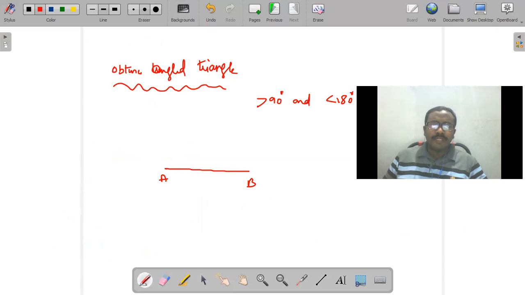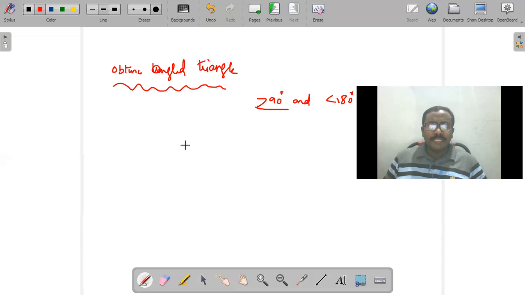Now at angle A, I'm taking greater than 90 and less than 180 degrees, so up to 175 we can extend it. I'm taking like this. See, A, B, C. I'm not good at drawing, so I'll do it once again.